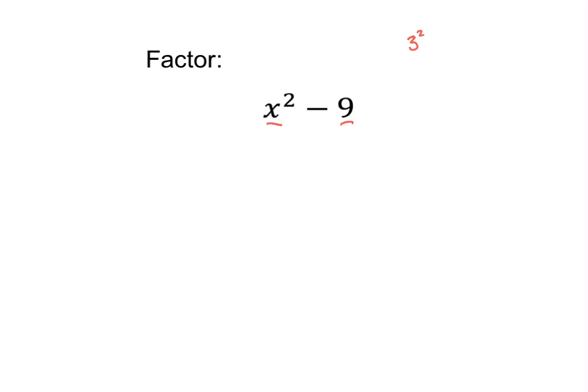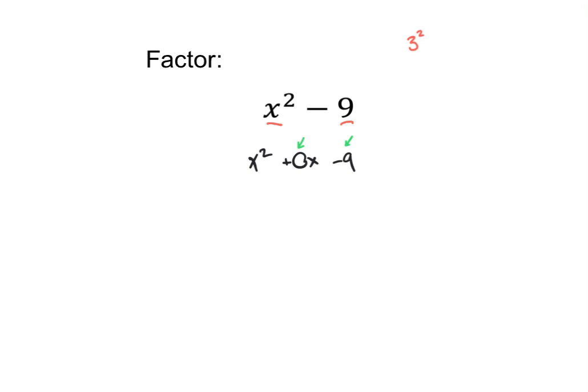When we have a perfect square, we end up with an interesting pattern when we try to factor. You might be stuck trying to factor this, but you could also rewrite this in a different way. If I rewrite this as x squared plus 0x minus 9, now you can see that I'm looking for two numbers that multiply to give me -9, but when I add them, they must be 0, which might be a little strange, but if two numbers add to be 0, they must cancel out.